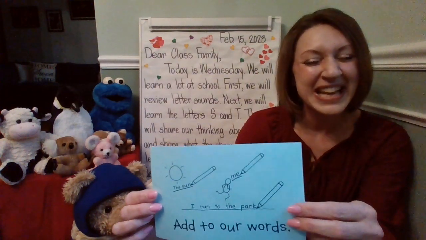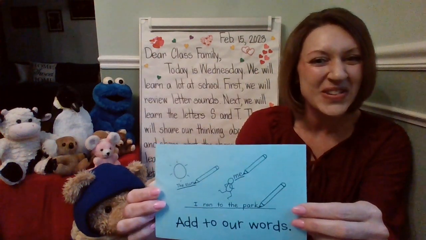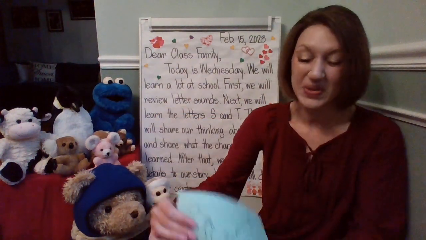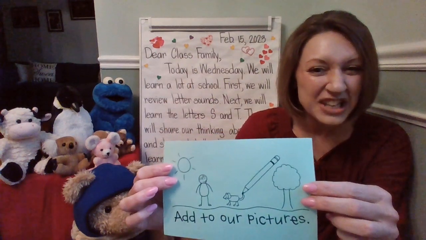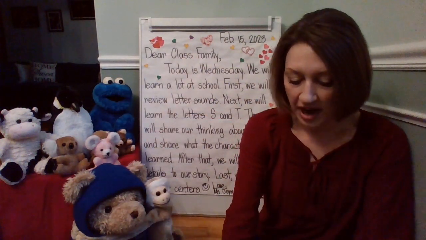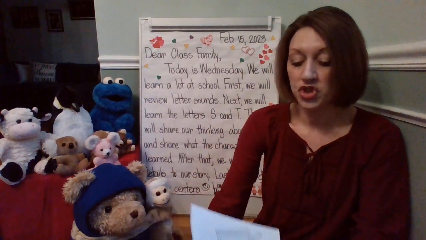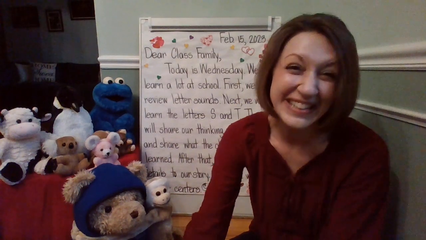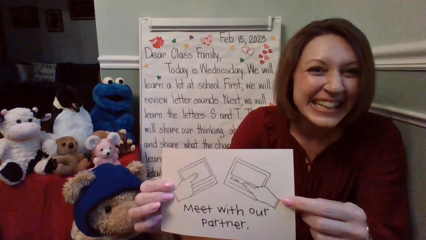Good writers add to our words. So as you're rereading, see what you can do to add to those words. Good writers also can add to the pictures. And good writers could start a new piece if they're finished. And good writers can share their writing and meet with a partner.